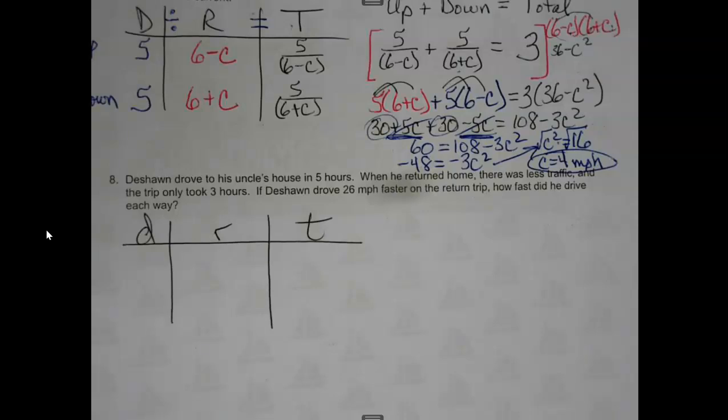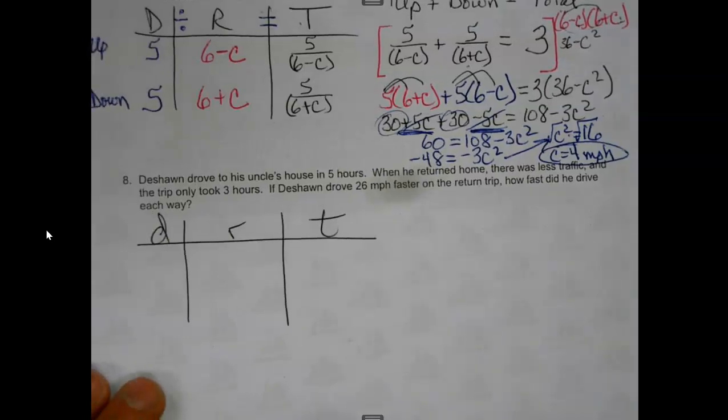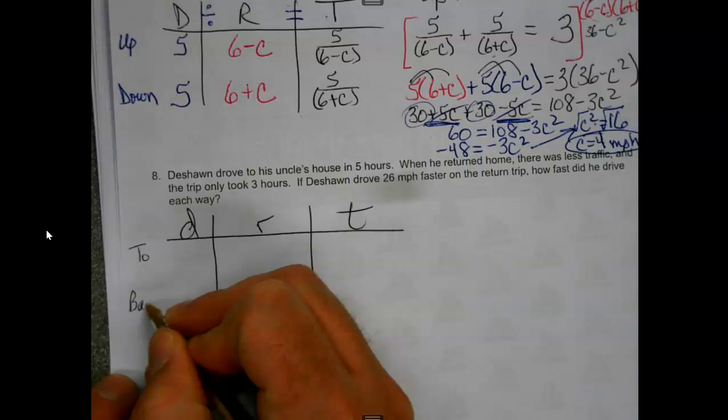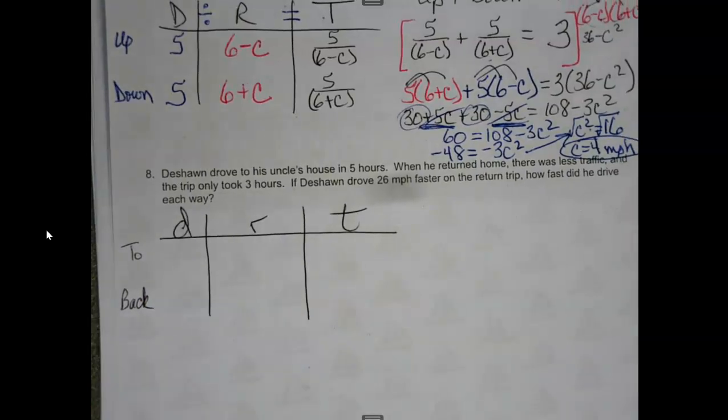Deshaun, he drove to his uncle's house in 5 hours. When he returned home, there was less traffic, and it only took 3 hours. If Deshaun drove 26 miles per hour faster on the return trip, how fast did he drive each way? Okay, so let's see. He was going to his uncle's house, and then back home. Deshaun drove there in 5 hours.